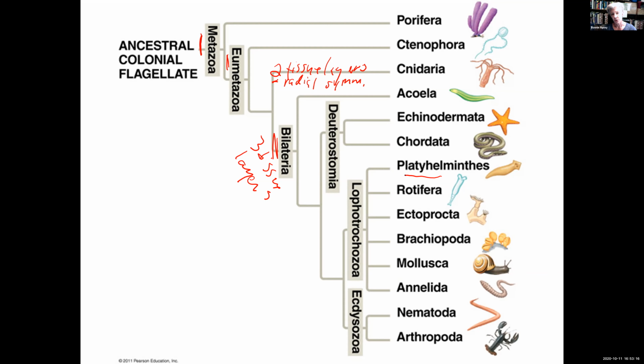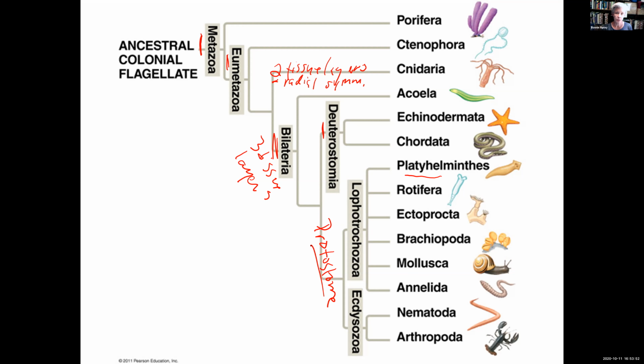And we separated out our deuterostome phylum from our protostome phylum as well in the development lab, remembering that those are early changes in the way that development happens between these two groups, of whether the blastopore turns into the mouth in the protostomes or whether it turns into the anus in the deuterostomes. Only two phyla are deuterostomes, echinoderms and chordates. All the rest of our phyla, except cnidaria and porifera, are protostomes.